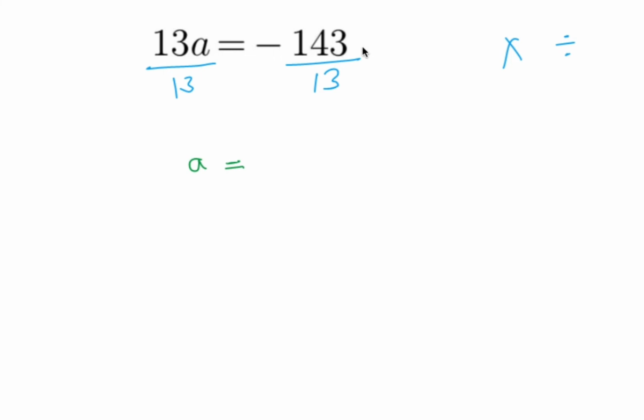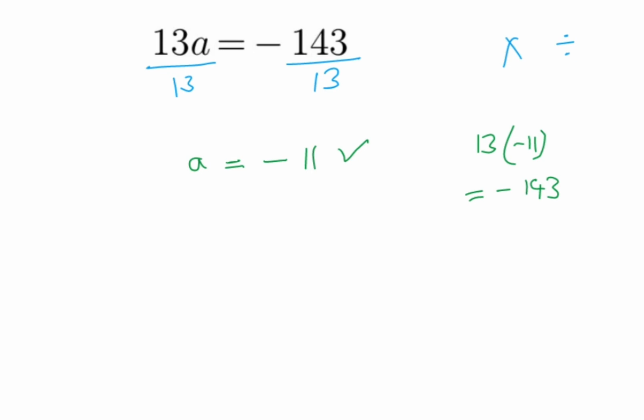Minus 143 divided by 13. So the answer is negative, and 143 divided by 13 is 11. And we can check: 13 times negative 11 is negative 143. You can multiply. So we get minus 143, and yes, we got this answer. It means our answer is correct.